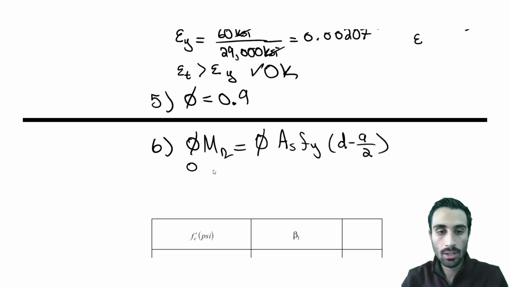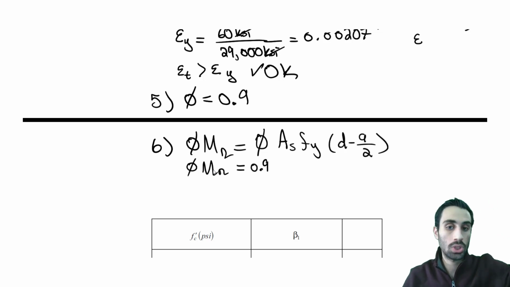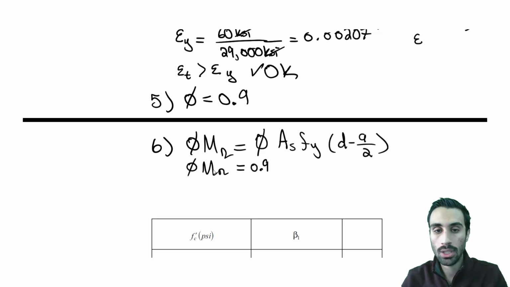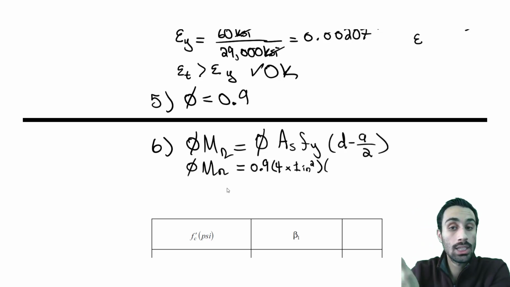So now phi Mn is going to equal our phi, which is 0.9, times As. We said As is 4 times 1 inch squared, so it's just 4 inch squared. So it's 4 times 1 inch squared for 4 number 9 bars. And fy is the value that's given. In that case, it's 60 ksi.